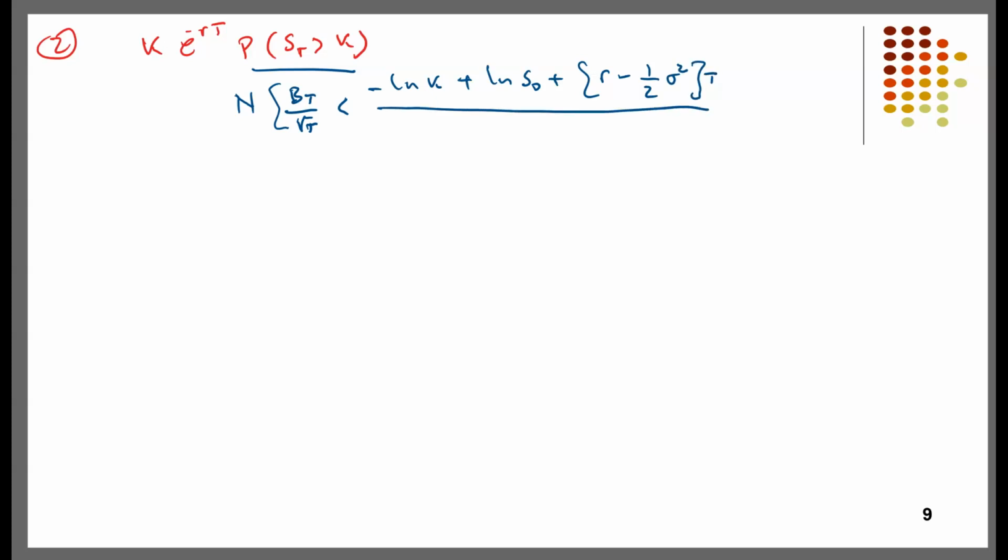We divide the whole thing by the standard deviation, square root of t, and we have that.